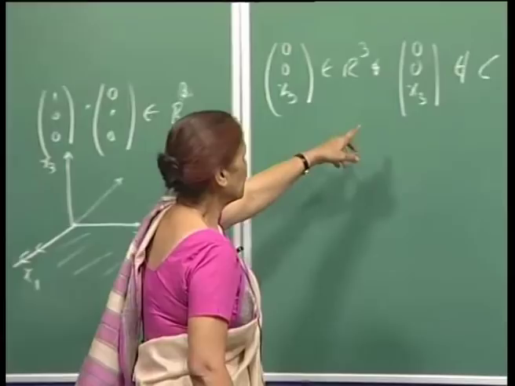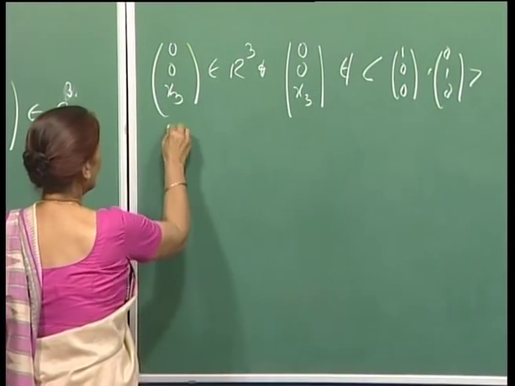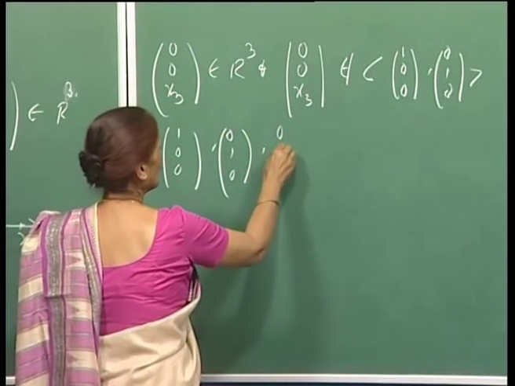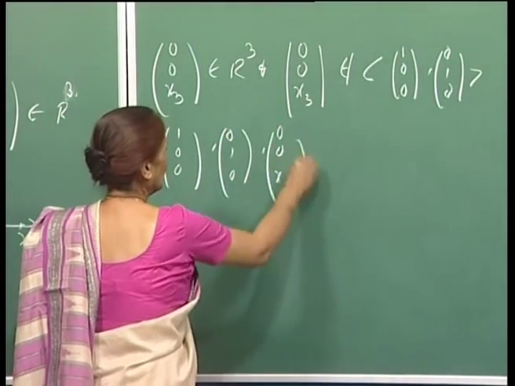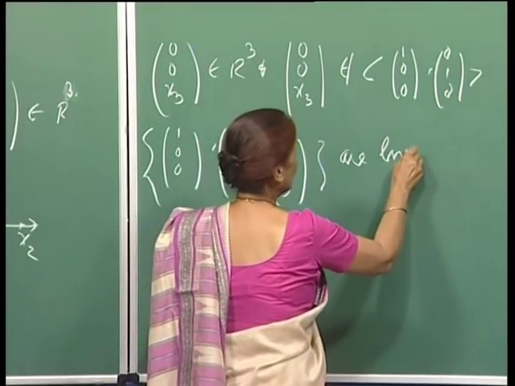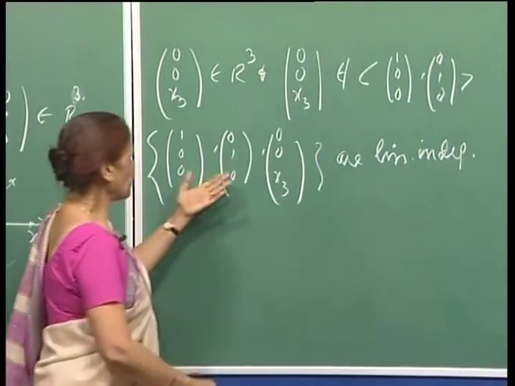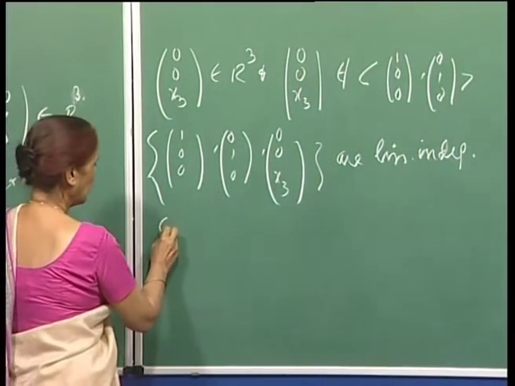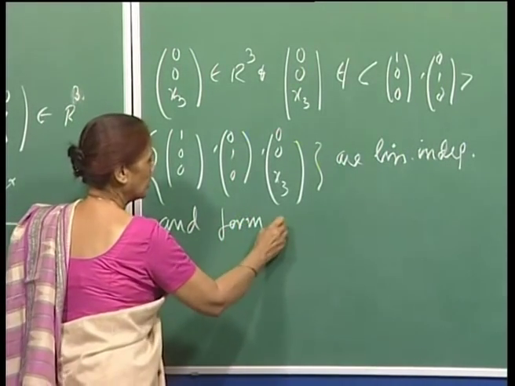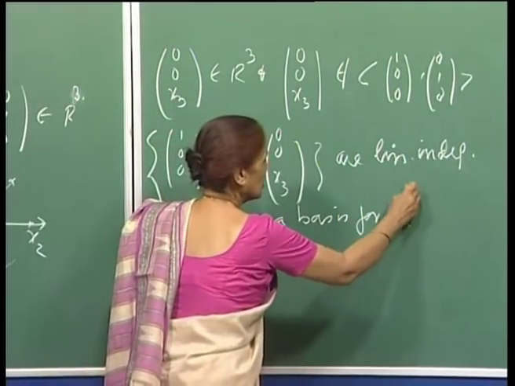So what I am saying is that 1 0 0, 0 1 0 and 0 0 x3 are linearly independent, and since they are 3, they form a basis for R3.